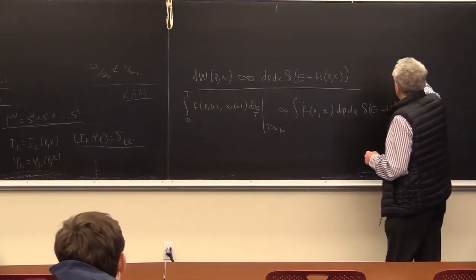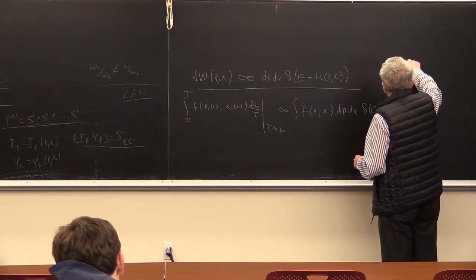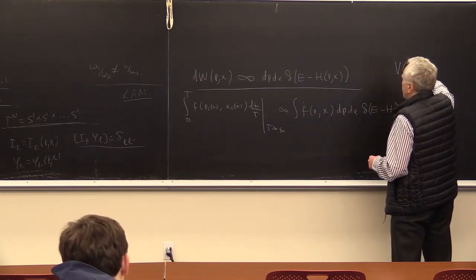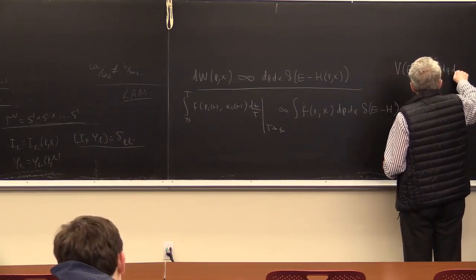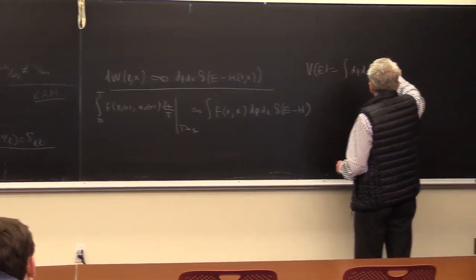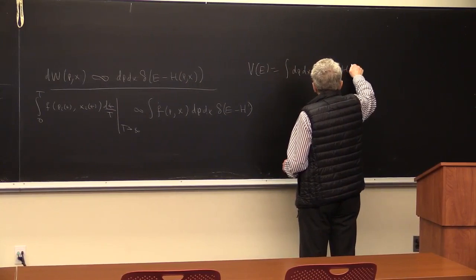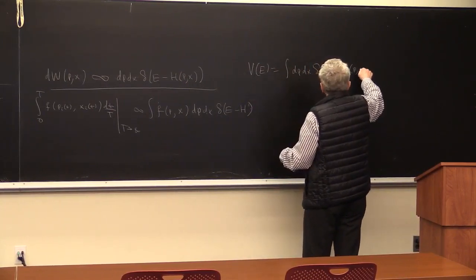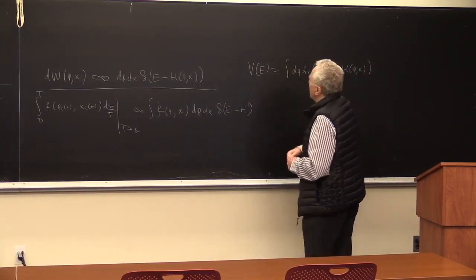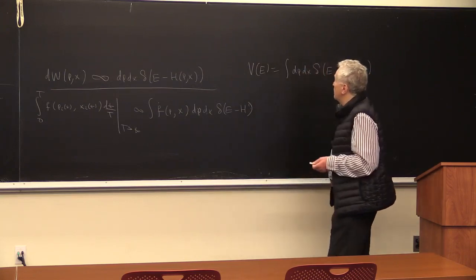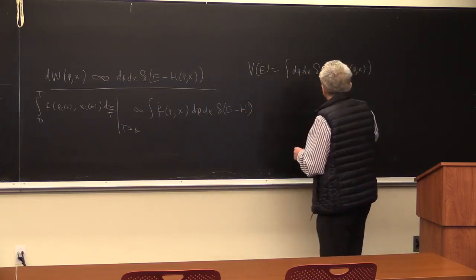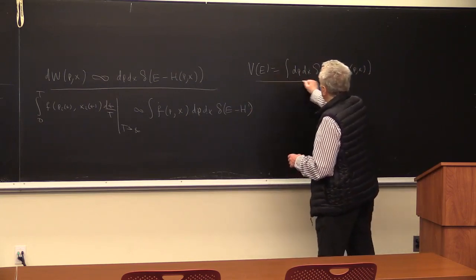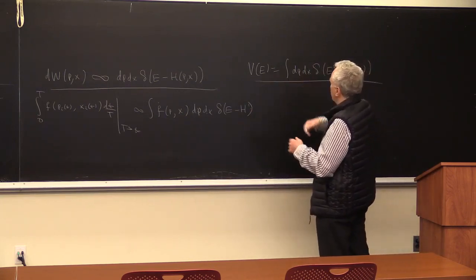The volume of the phase space as a function of energy is simply the integral dp dx, the total volume, I mean, over p and x. We will evaluate this volume now for some simple cases.